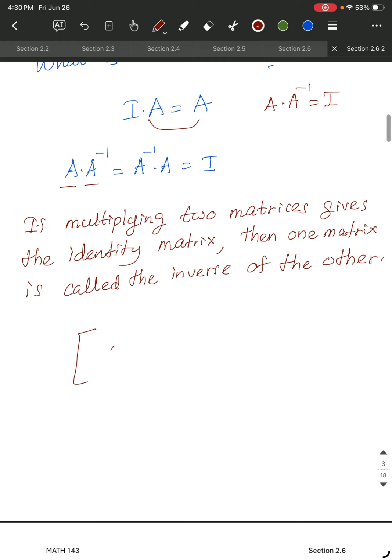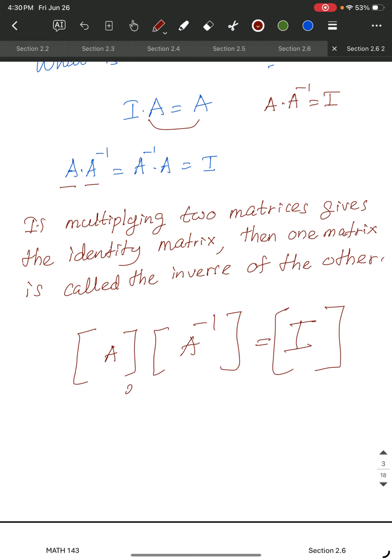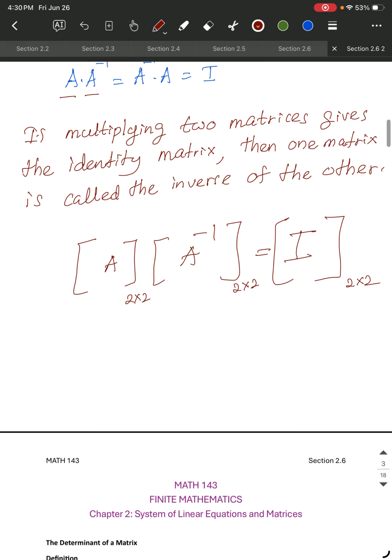So let's say A is 2 by 2, the inverse matrix is also 2 by 2, and here is the 2 by 2 identity matrix. So when we multiply a matrix by its inverse, we obtain the identity matrix.